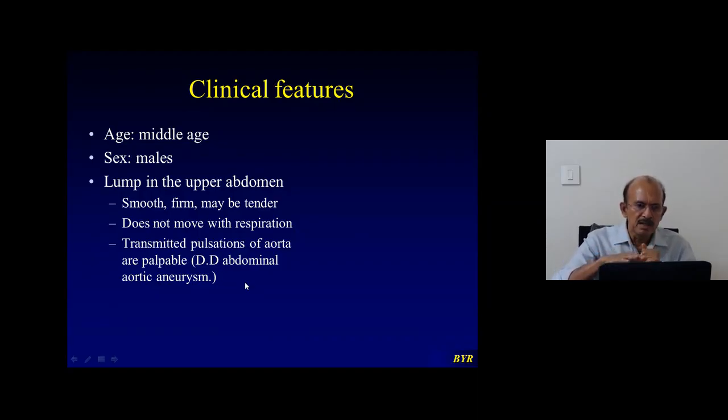These can be transmitted pulsations or expansile pulsations. This can be from a pseudopancreatic cyst or from an abdominal aortic aneurysm. So how do you differentiate between transmitted and expansile pulsations of the aorta? That means how do you differentiate between pseudopancreatic cyst and abdominal aortic aneurysm?